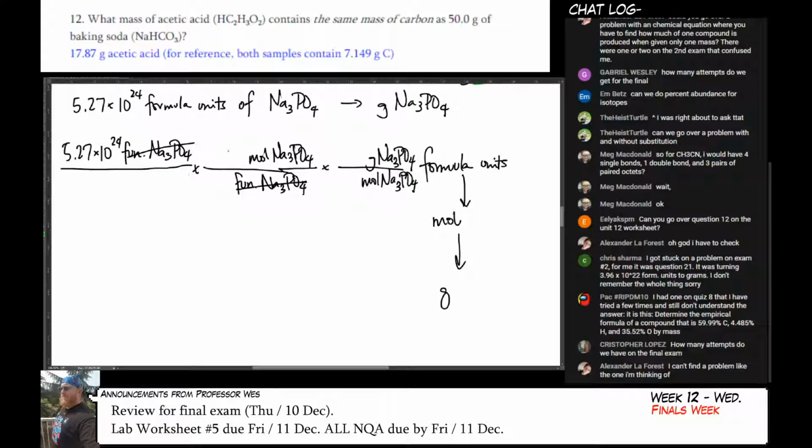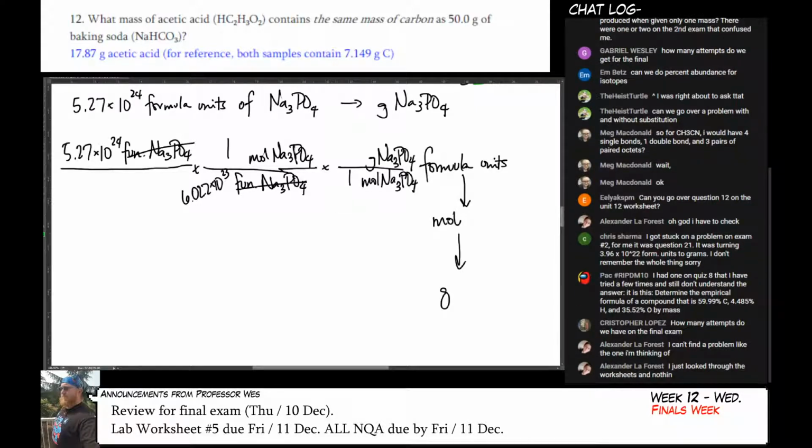All right, how many anything are there in a mole? There are always Avogadro's number of things. And then in a mole of sodium phosphate, Na3PO4, I gotta look this up, 163.94. And there you go.